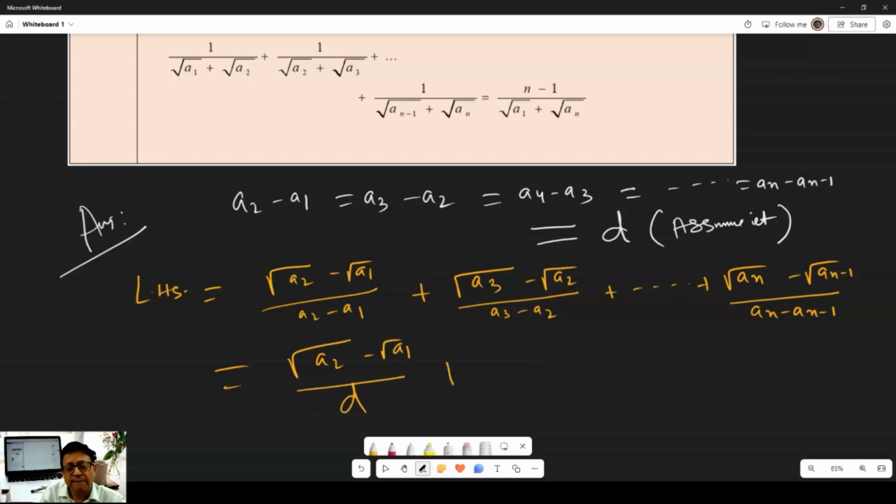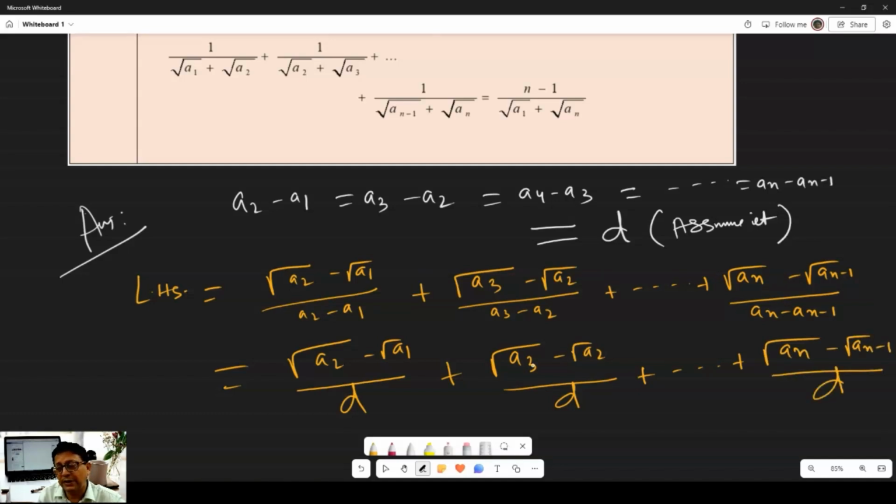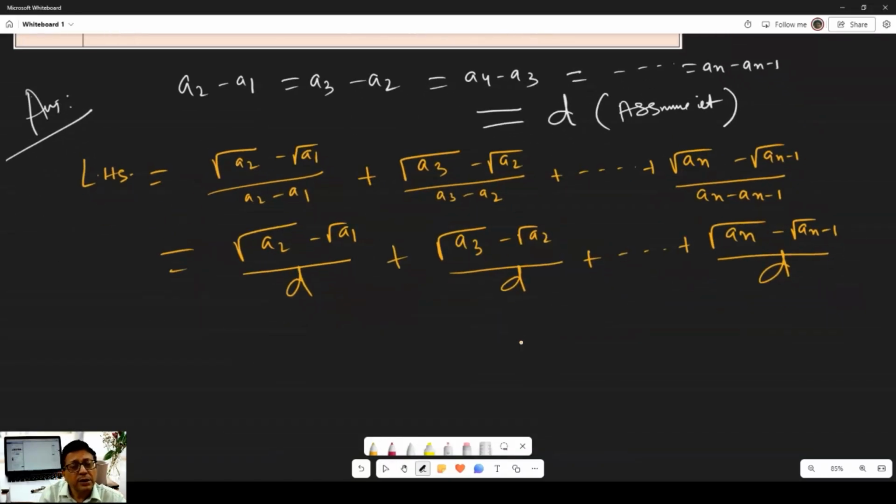That is D. Root A3 minus root A2 is what? You keep it unchanged. A3 minus A2 is D, plus root An, this divided by D. Clear? It's alright. Now you take all these common. What is coming over there?